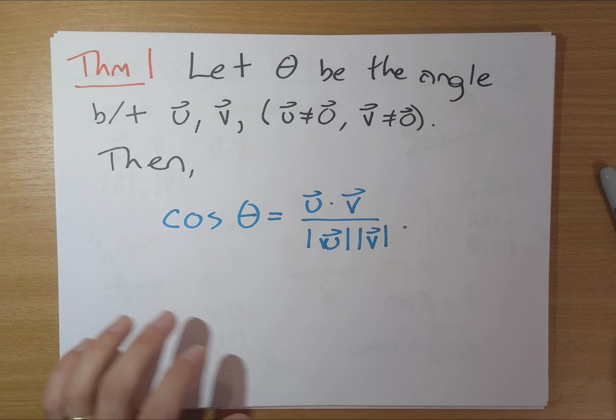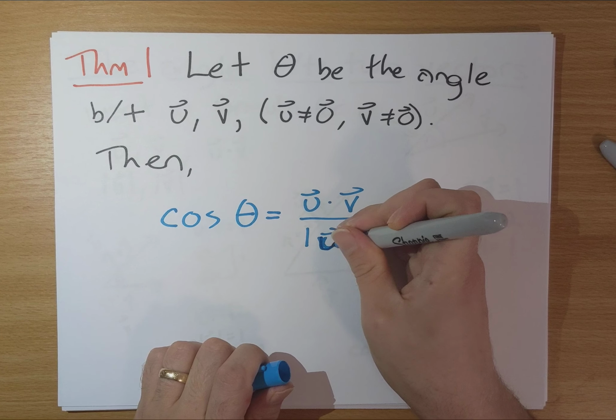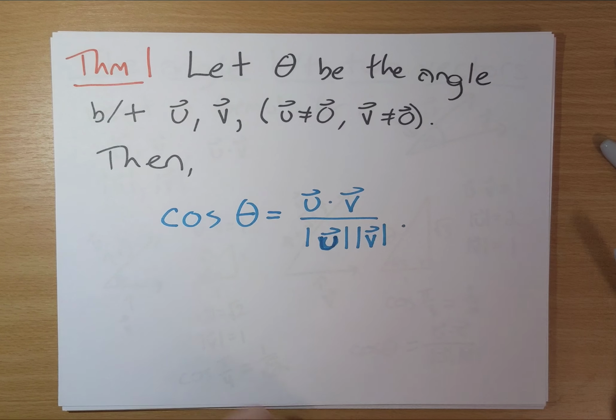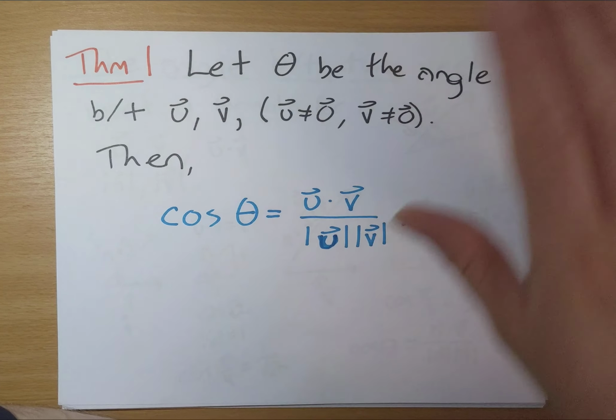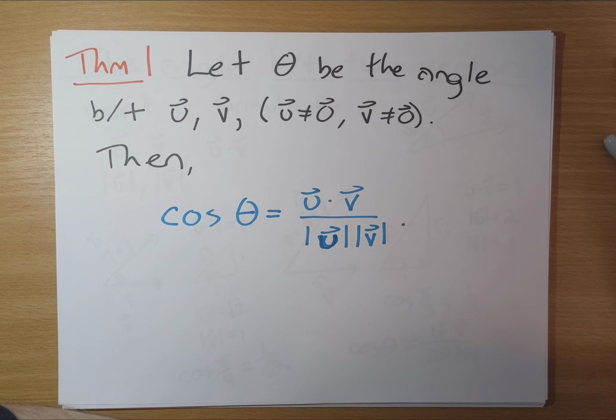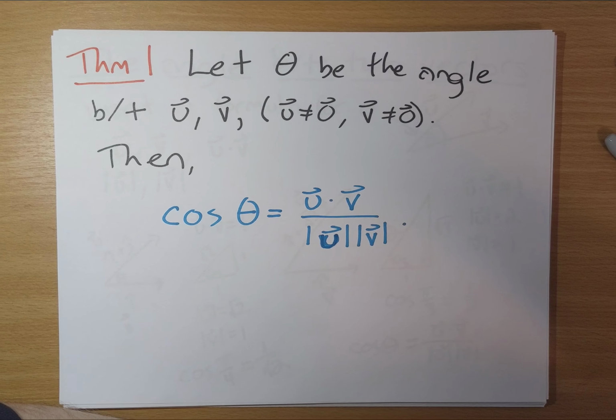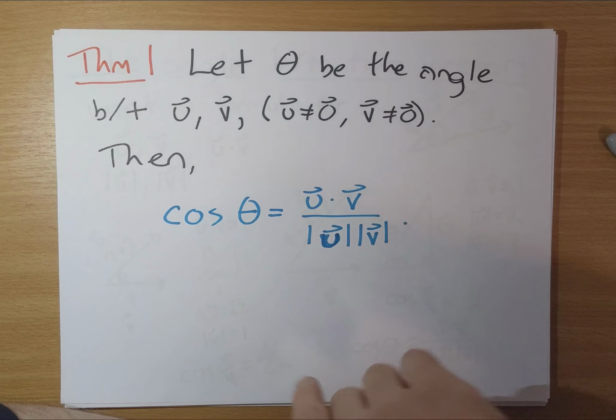So here is, let me make that a little bit neater, our theorem. Let theta be the angle between u and v. We'll make sure that u and v aren't equal to 0, because otherwise it would be hard to define the angle between one vector and a 0 vector.